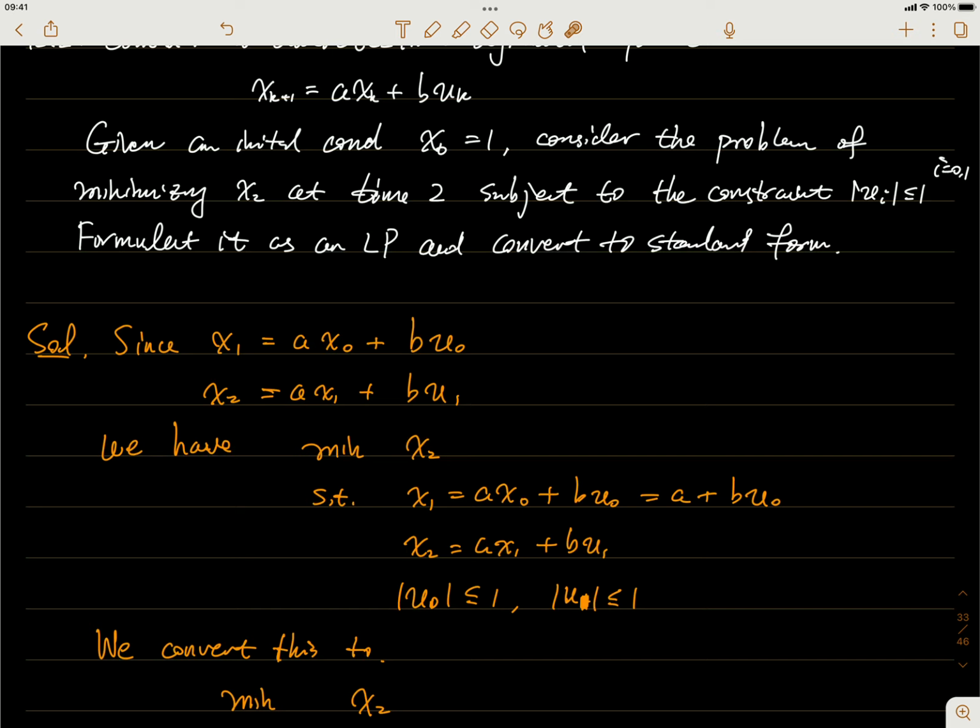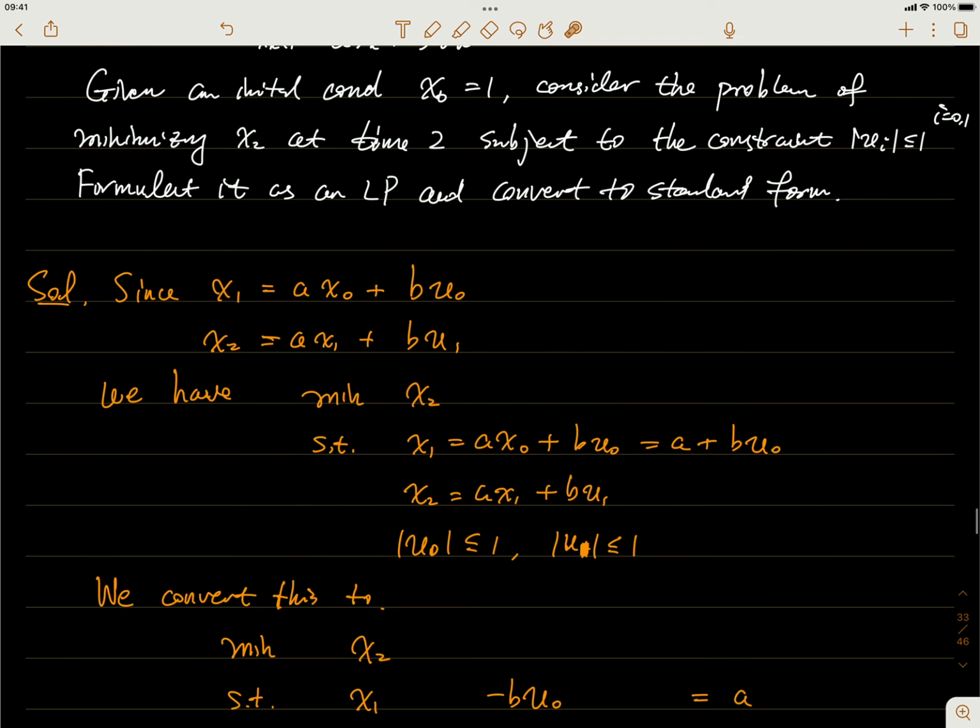You get this. The question is how do we minimize this x_2 under the constraints? We're trying to minimize x_2, and the constraints are that x_1 must be equal to that, x_2 must be equal to that, and also u_0 and u_1 must have magnitude less than or equal to 1.